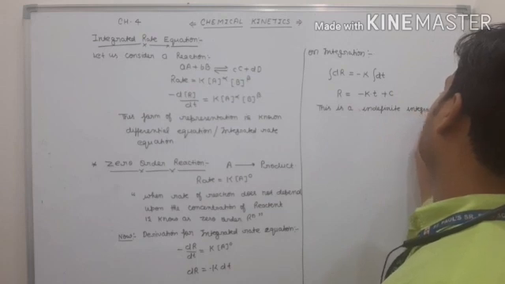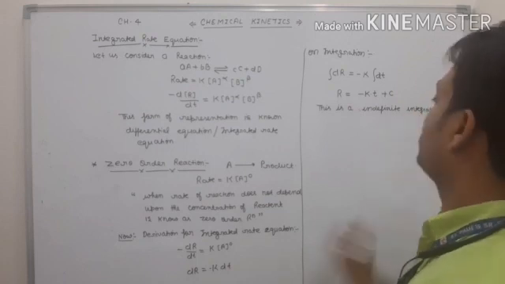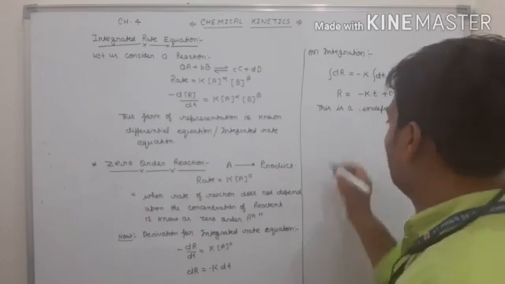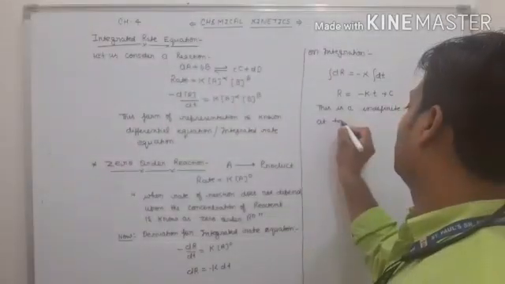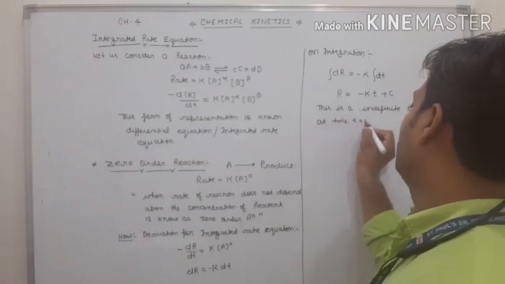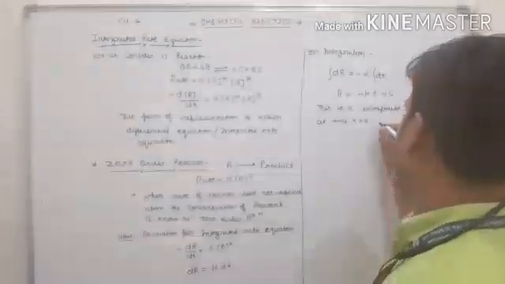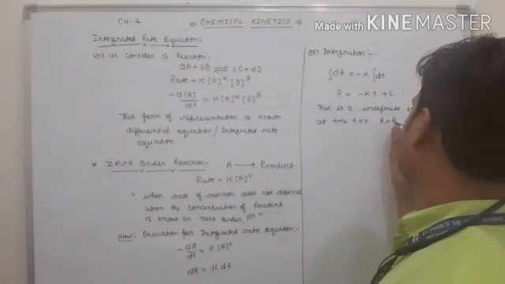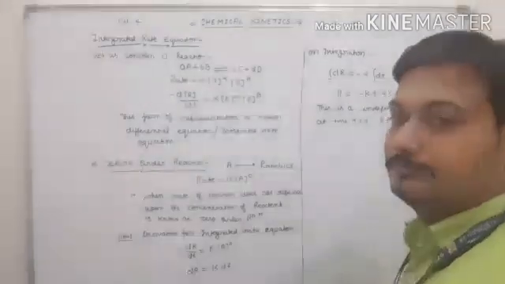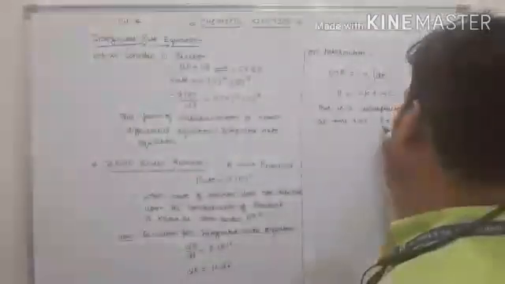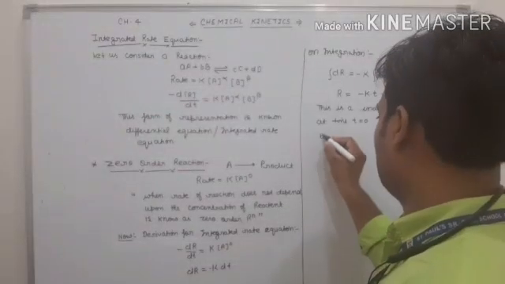So we have to take the constant. At time t equal to 0, R is equal to R naught. Initial concentration of reactant is R naught.